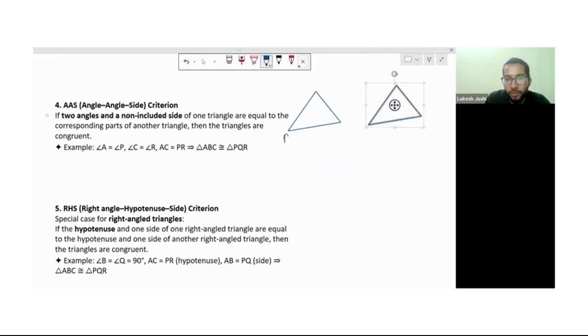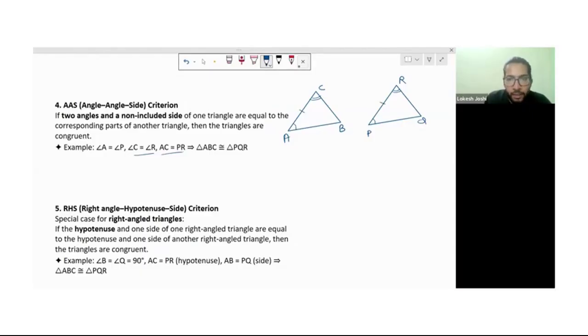Suppose its names are ABC and PQR. For example, angle A is equal to angle P, like this angle is equal to this. Angle C is equal to angle R. Now AC is equal to PR.